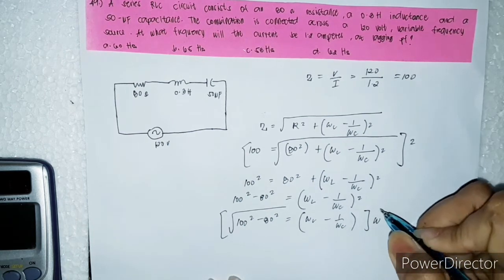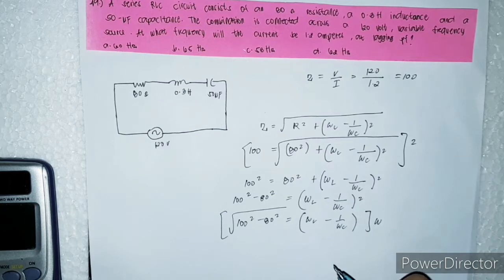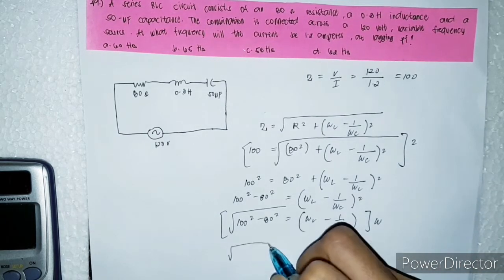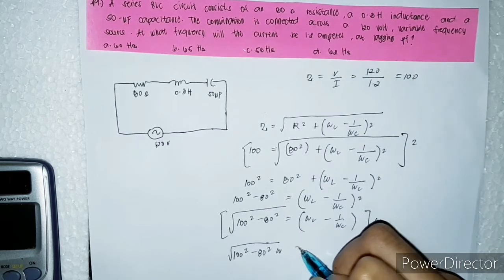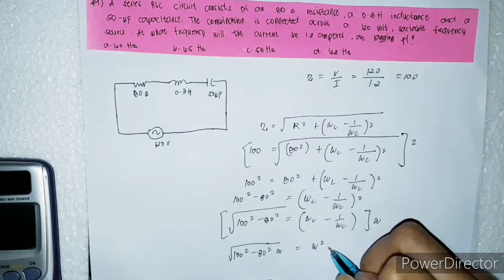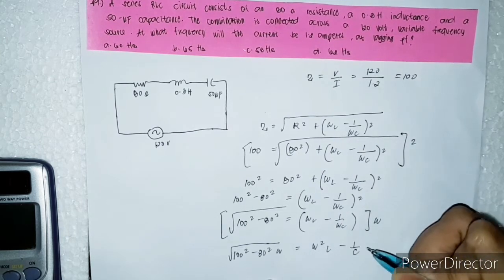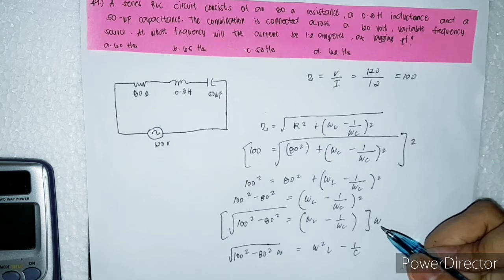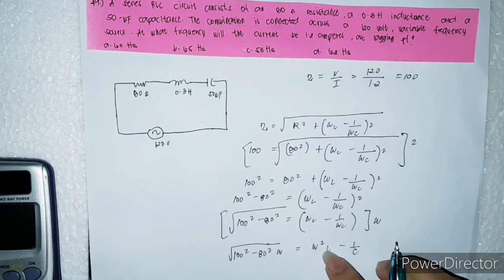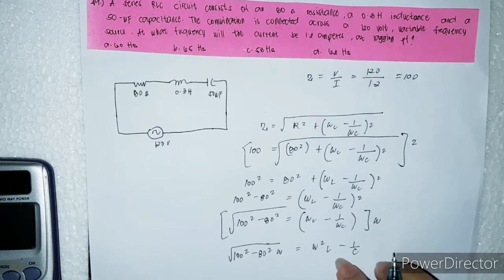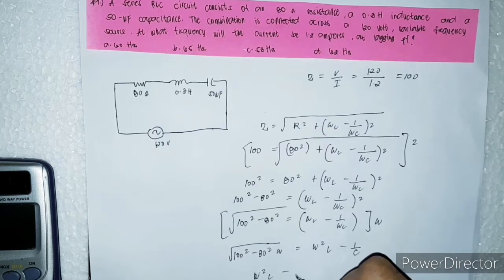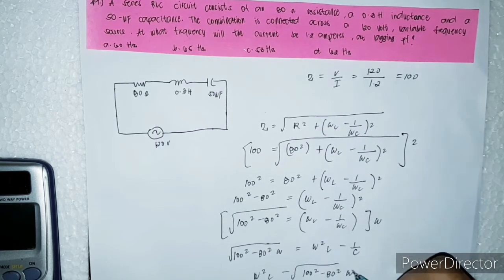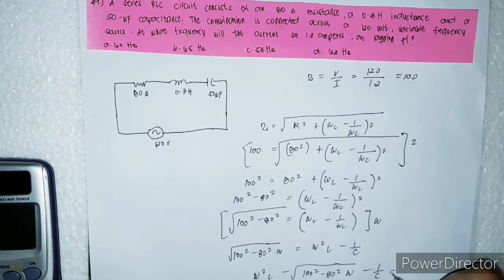So let's multiply by omega here. This one will become square root of 100 squared minus 80 squared omega is equal to omega squared L minus 1 over C. So let's arrange the equation. We'll have here omega squared L minus square root of 100 squared minus 80 squared omega minus 1 over C is equal to 0.